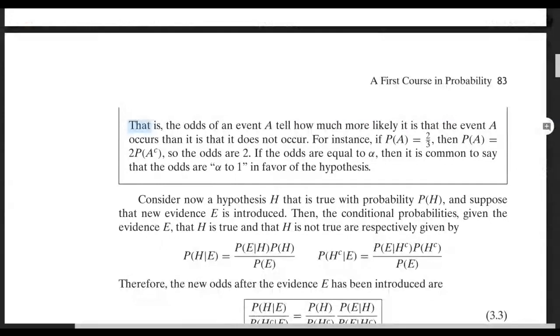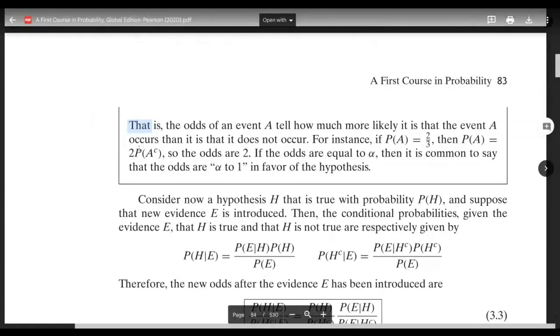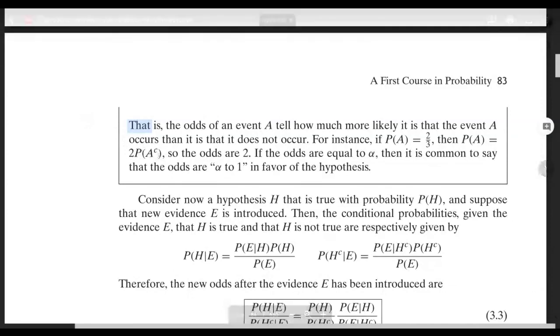For instance, if the probability of A is 2/3, then the probability of A equals 2 multiplied by the probability of its complement, because its complement is only 1/3. So A is more likely to occur.